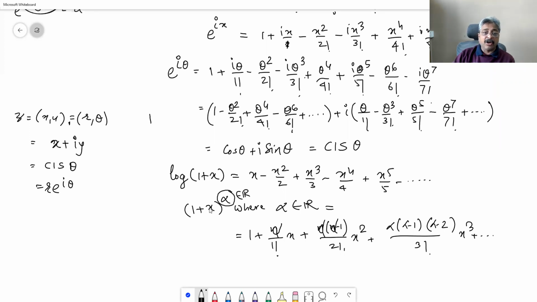We said it will work all right, and at that time it was an assumption. Now it is a little better than that. We have not proved it yet, but it is better than that. Our series expansion method is giving us exactly the same. Now, if we replace alpha by natural number, it is a binomial expansion. So binomial expansion becomes a special case of this.